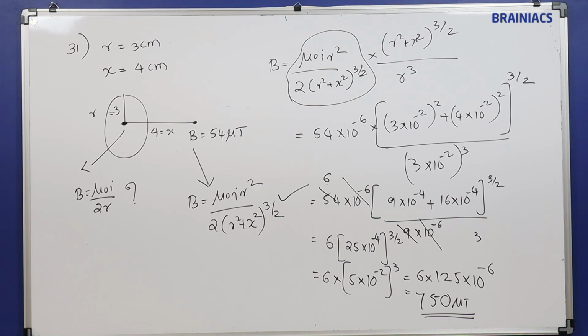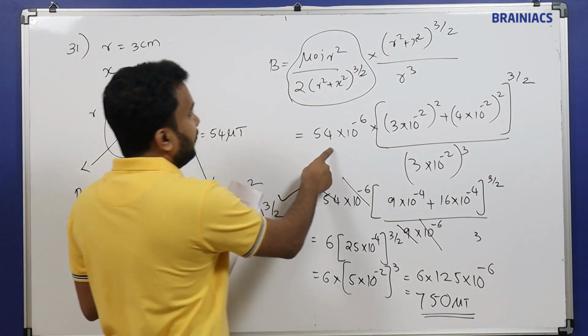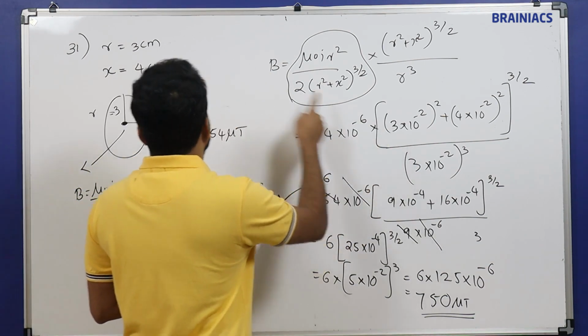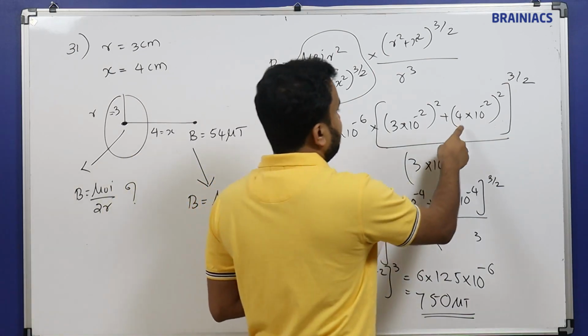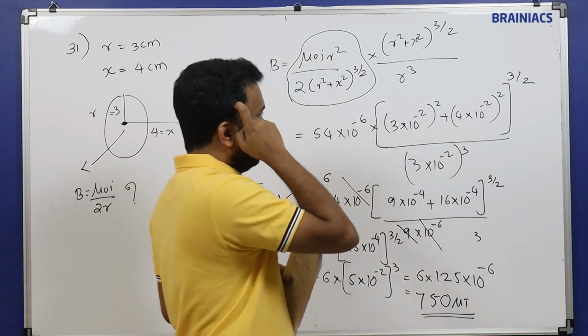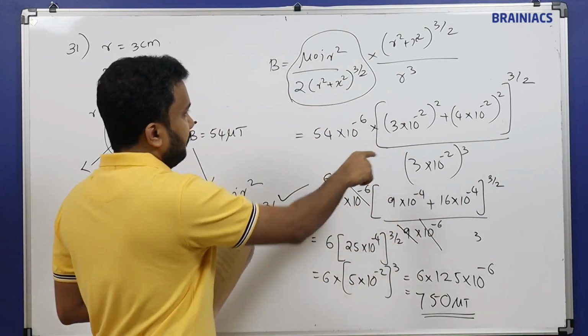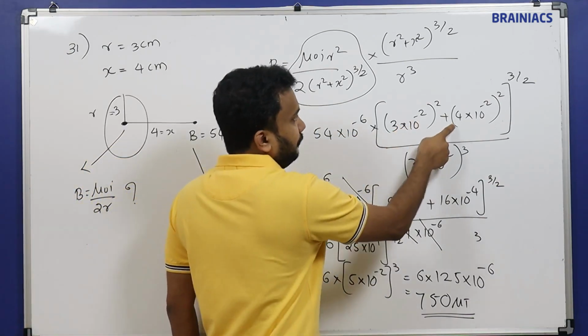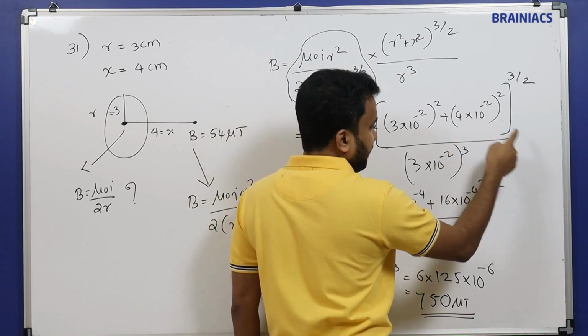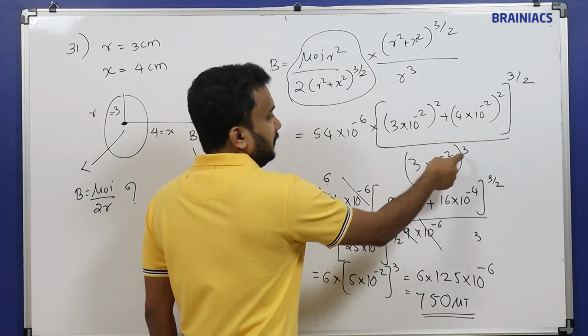There are no differences to this one. So the question is giving 54 microtesla, so 54 into 10 power minus 6. R is 3 into 10 power minus 2, 4 into 10 power minus 2. Then whole power 3 by 2 divided by cube. So 3 square 9, 10 power minus 4, 4 square 16, 10 power minus 4 whole divided by 3.